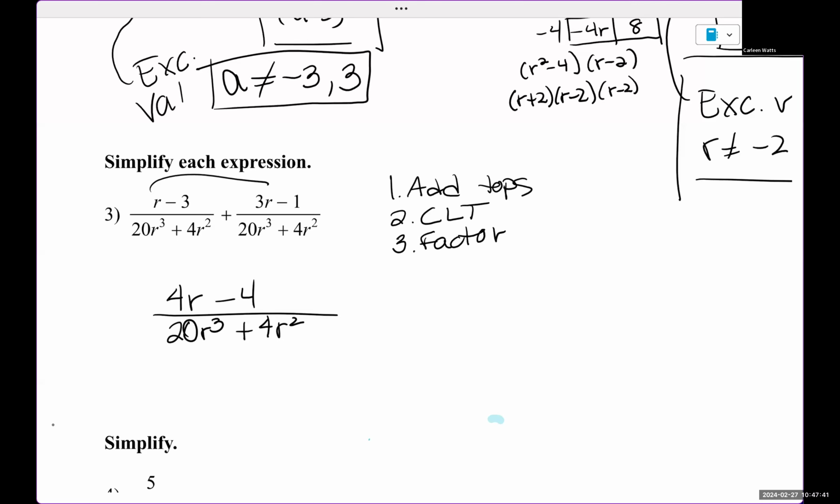Okay. So the top, how can I factor the top? Oh, careful. It's not a perfect square, right? Okay. So we're going to GCF, factor out the 4.